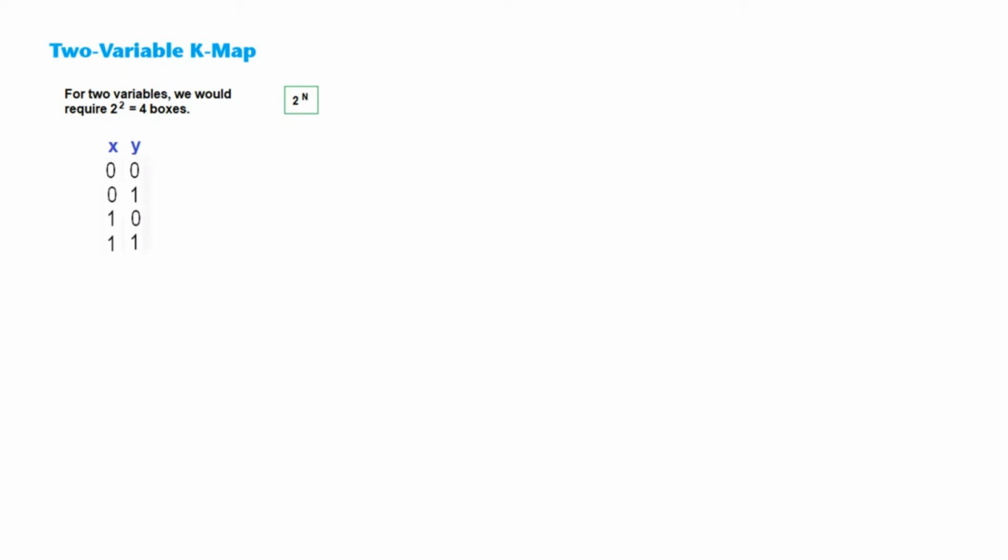Now before we plot on the box, we should just have the truth table in front of us. We know these are the various options for 2 variables. So these are the 4 boxes and the variables are x and y. Here we write x, and on the right hand side we write y.